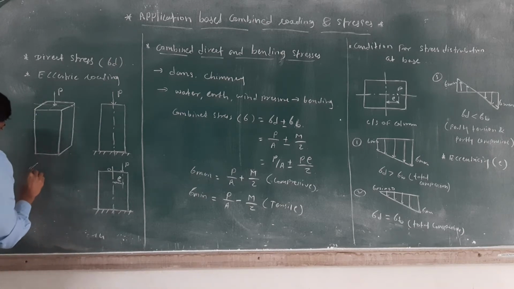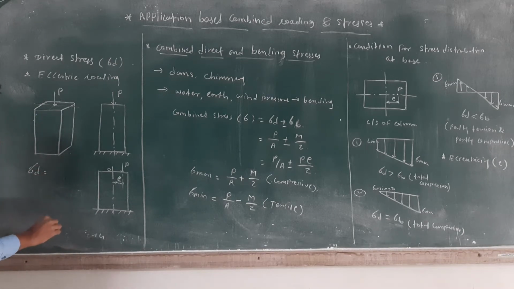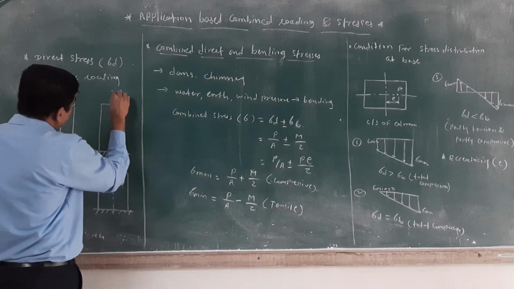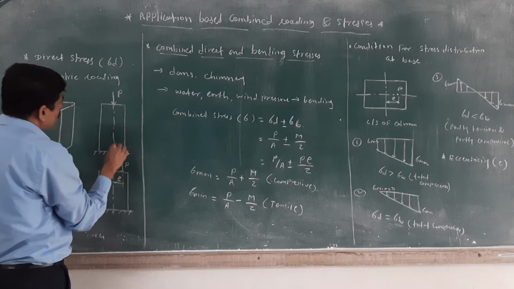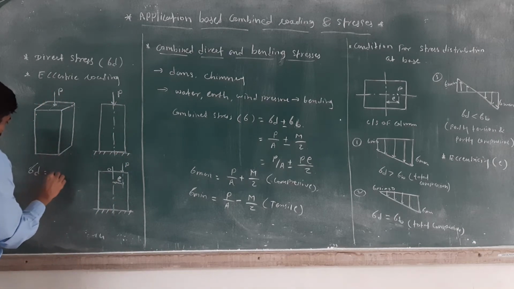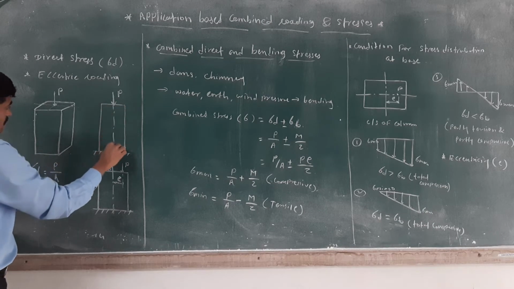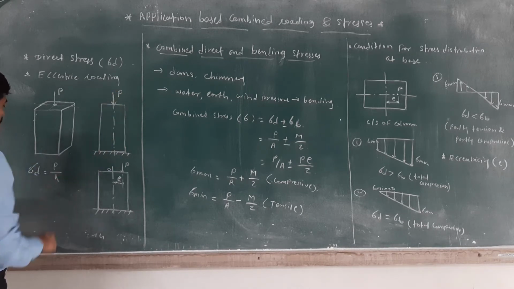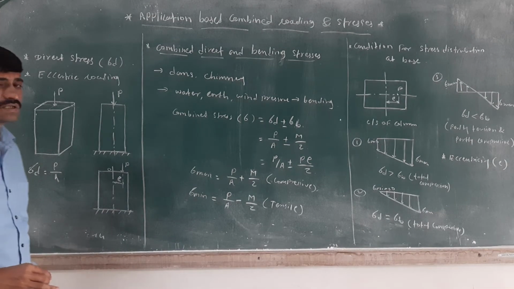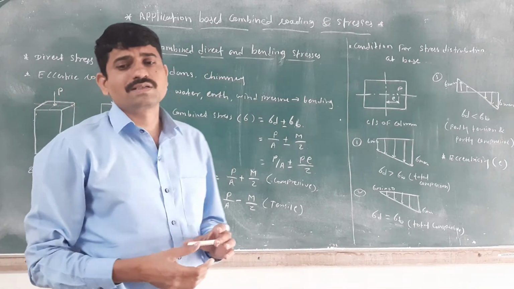Sigma d is equal to the force P applied on that centroidal axis divided by the cross-sectional area A. Very simple.